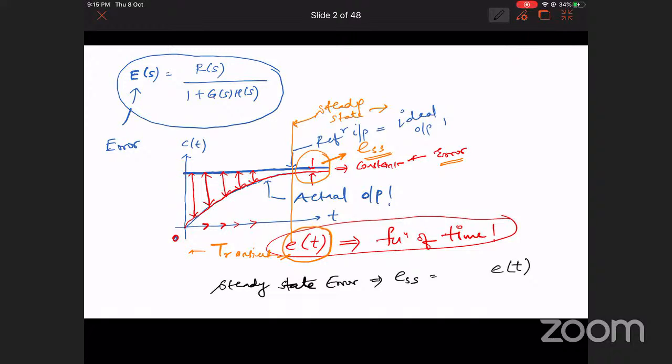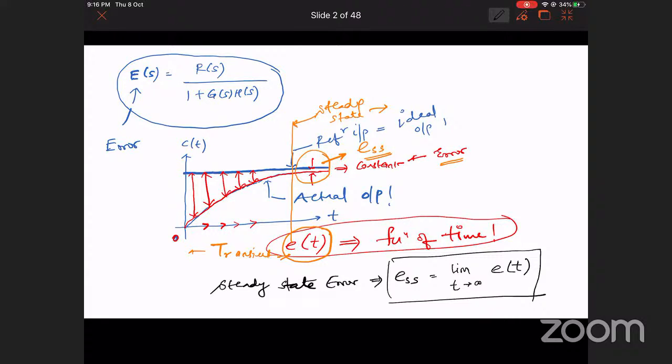Final value means what? Limit t tends to infinity. Try to understand. You shouldn't take literally t equal to infinity. T equal to infinity is used in mathematics to show the final value. T tends to 0 is used in mathematics to show the initial value.